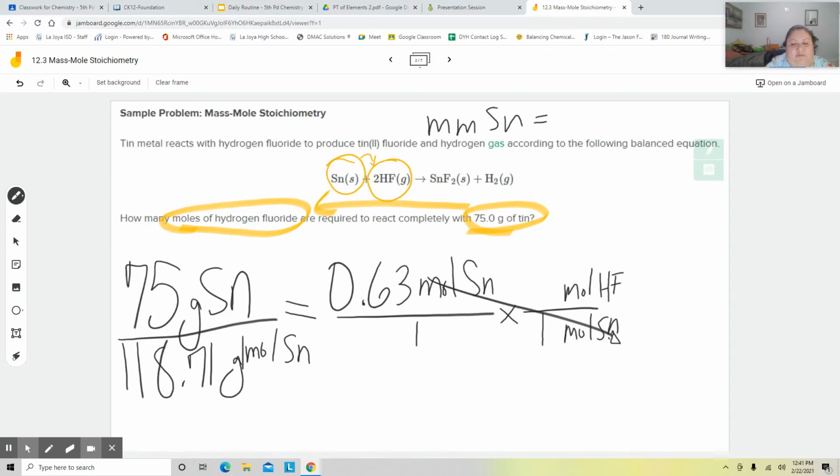How many moles of hydrogen fluoride do you see in that reaction? HF. 2. Thanks, Miss Diamond. So now the only thing that's left is to remember, well, what do I do mathematically when the numbers are all on top? What do I do mathematically with the 0.63 and the 2? Multiply. Very good. So let's do it, Miss Diamond. 0.63 times 2. What you got?